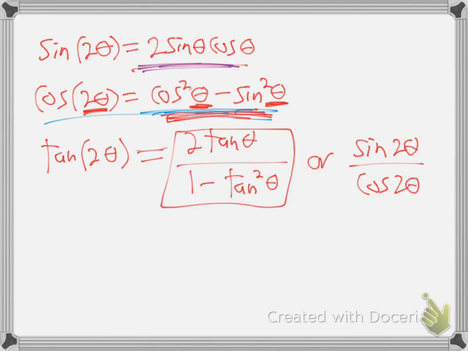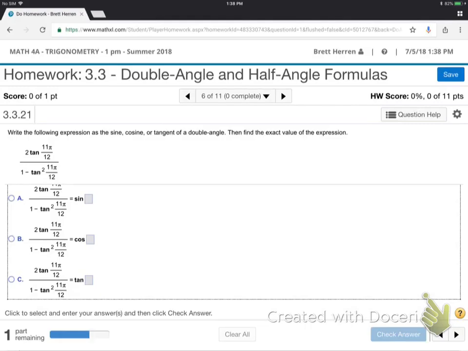All right, so they're basically saying, look for that pattern. When you see 2 tangent over 1 minus tangent squared, that's going to be one simple tangent as long as you double the angle. Okay, so let's go back then. See what they have here? They're saying 2 tangent over 1 minus tangent squared, that's the same as what? You're supposed to choose multiple choice: one simple sine, one simple cosine, one simple tangent.